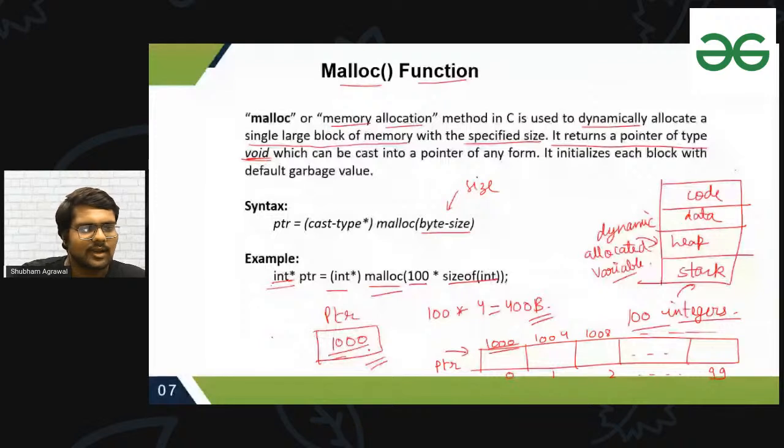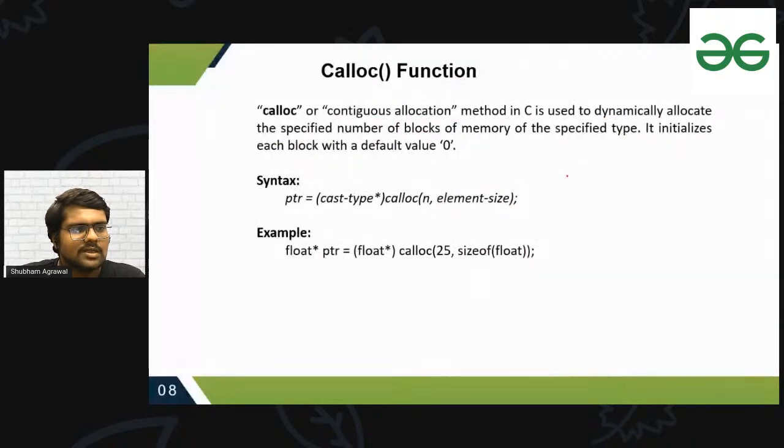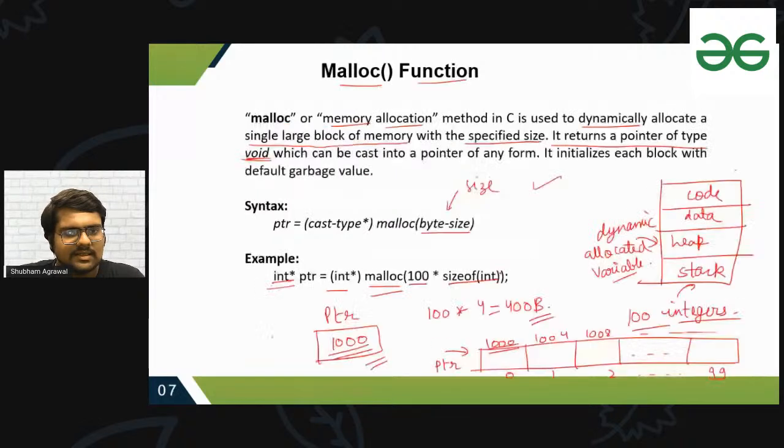Now let's see about the calloc function. The calloc function is used to allocate memory the same way the malloc function does, but here the values are initialized with 0, and in malloc the values are initialized with garbage value. So anything can be present there.